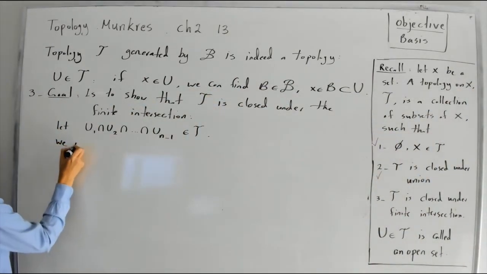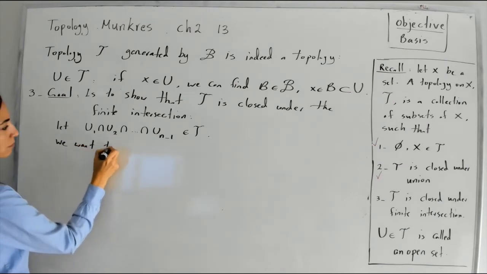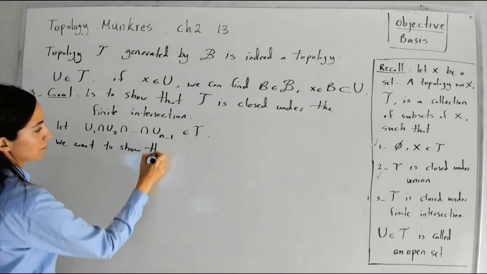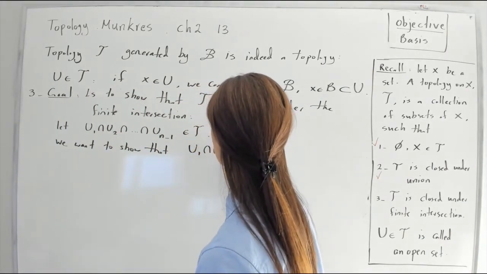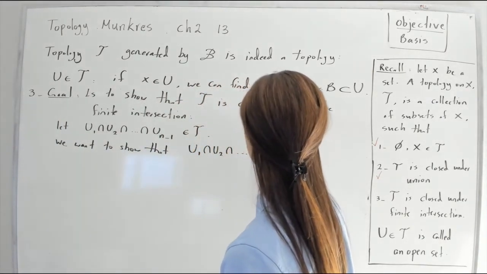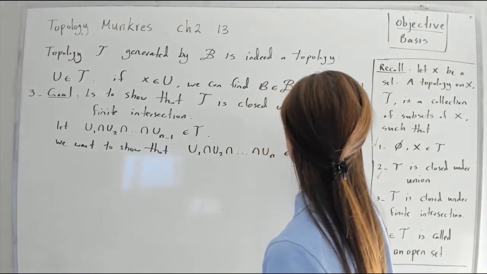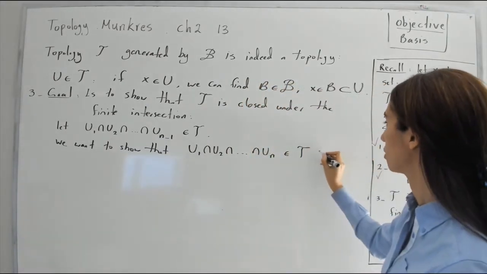We want to show that U1 intersection U2 intersection UN is also a member of our topology.